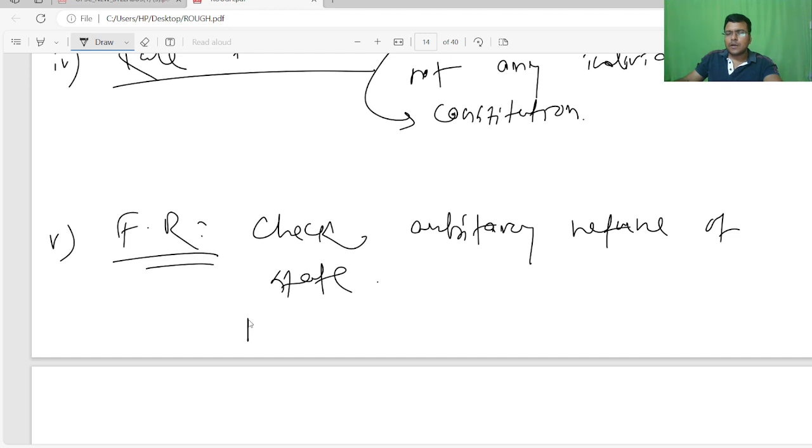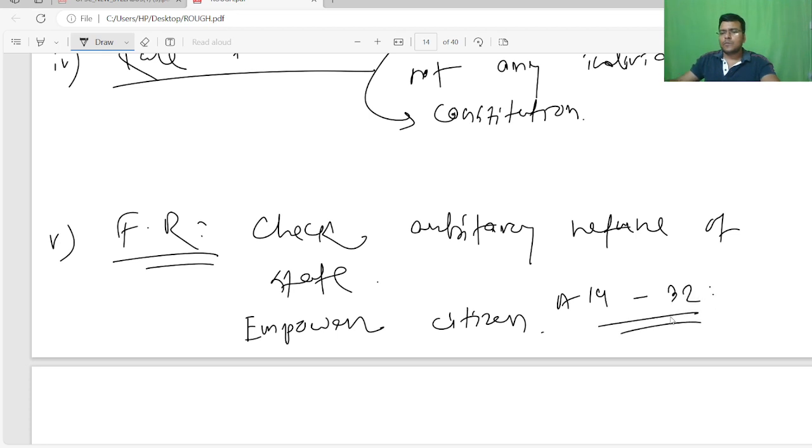It empowers citizens. It checks the arbitrary nature of the state. It results in empowerment of citizens. This is fundamental rights. Part 3 of the Constitution, Articles 14 to 32.